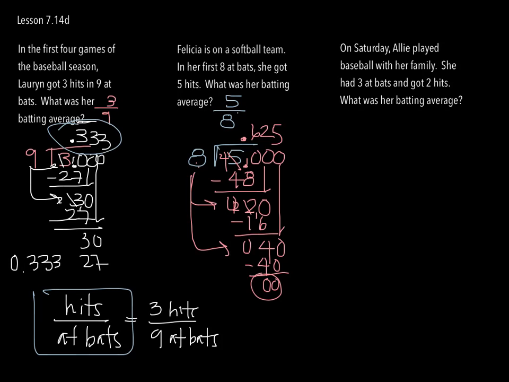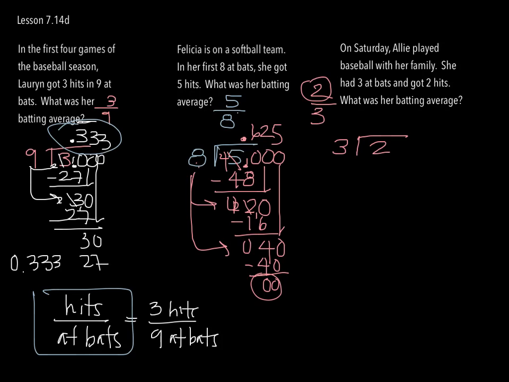All right, and finally we've got Allie playing baseball with her family. She had 3 at-bats, so that's her total number. And then she got 2 hits, which would be her numerator. Now we want to convert that into a decimal. The numerator goes in the house, and the denominator goes outside the house. And let's switch colors here.